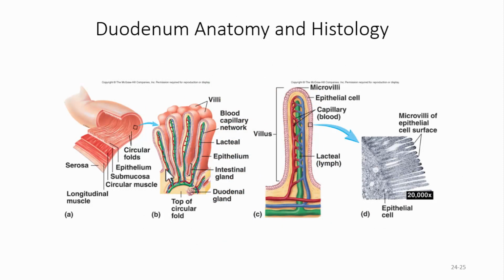Now here we can see a villus. See, we have the circular folds. On each of those folds, we have the villus. And if we look close at one villus, we have the columnar epithelium, and that columnar epithelium has microvilli on its surface. So again, we have surface area upon surface area upon surface area.